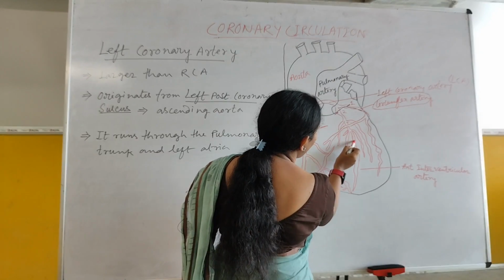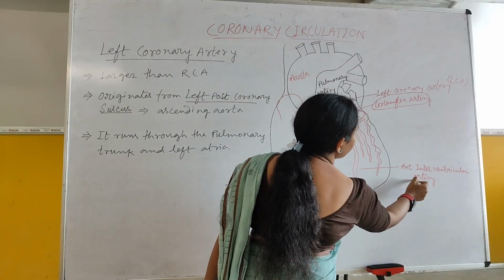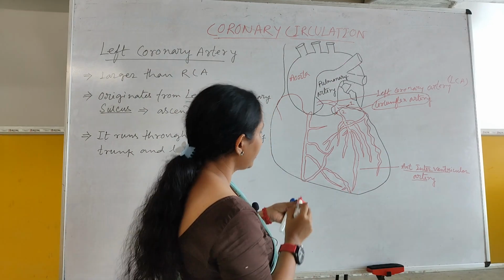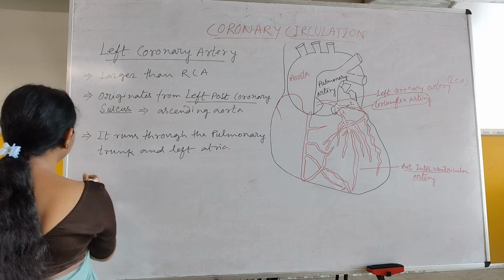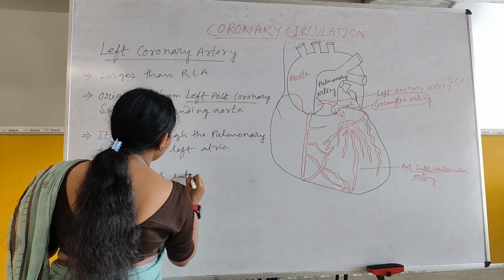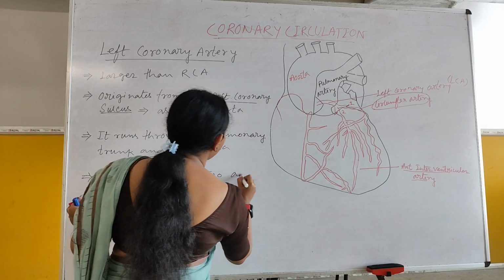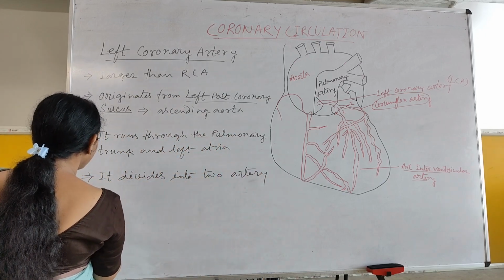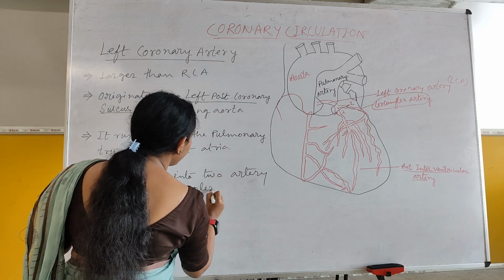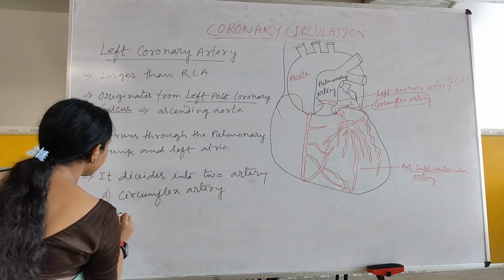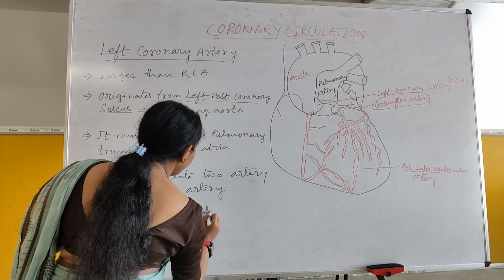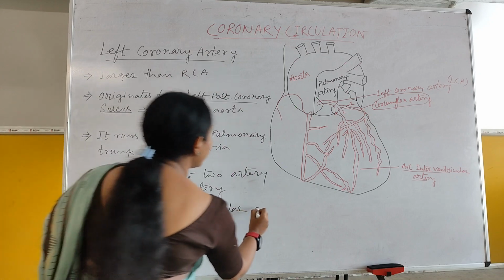The second part is formed this way, the anterior interventricular artery, as it moves through the interventricular septum. So it divides into two arteries.